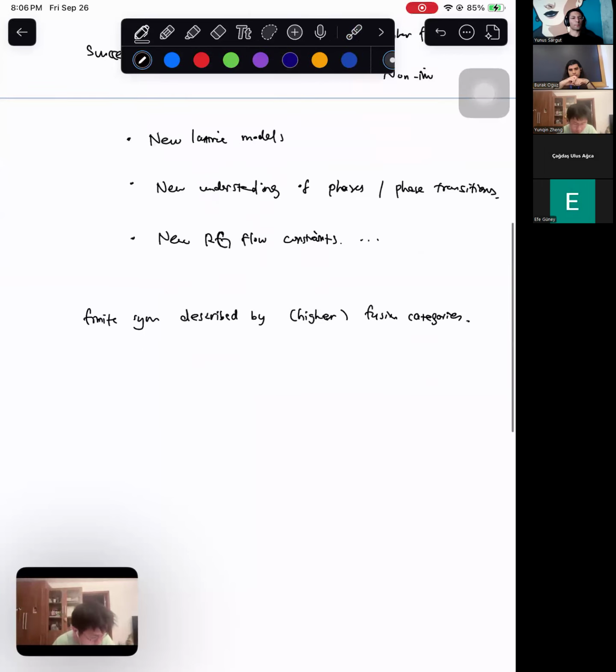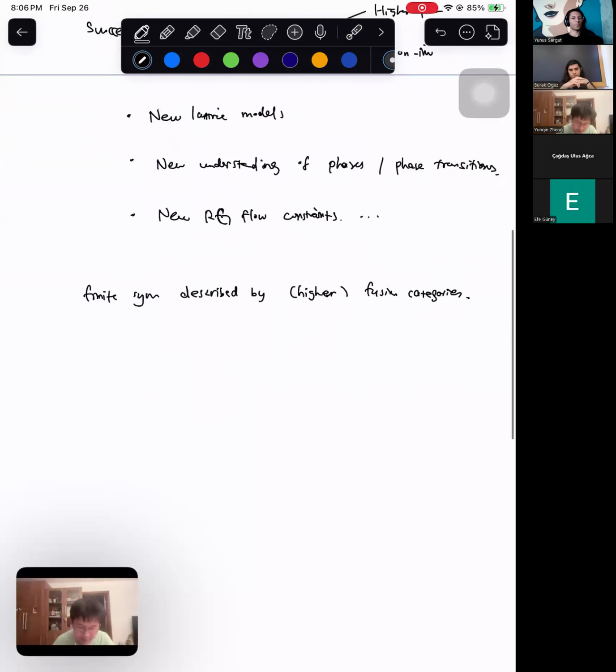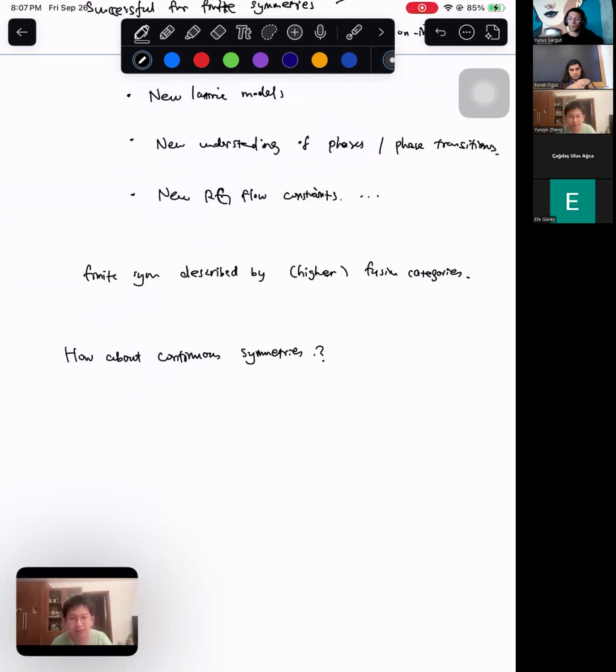Okay. And then it comes with the question: how about the continuous symmetries? This is a very natural question because when we first learned ordinary symmetries, probably the first example is the continuous symmetry, right? For example, the space rotation or the charge conservation, etc. So all of these are continuous ones.